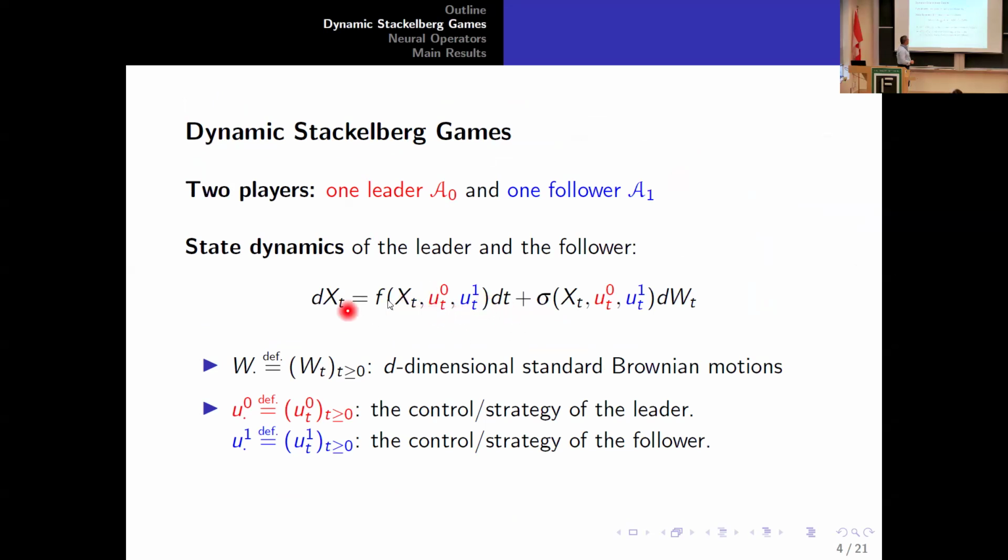The leader has a control U0, also called the strategy, and the follower's strategy is U1. Both of them can control the dynamics of the state. Here we just assume a very generic state dynamics; we don't assume any special functional form.